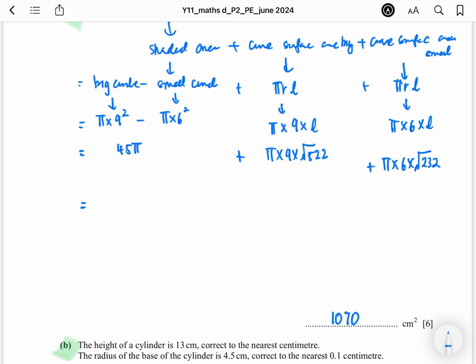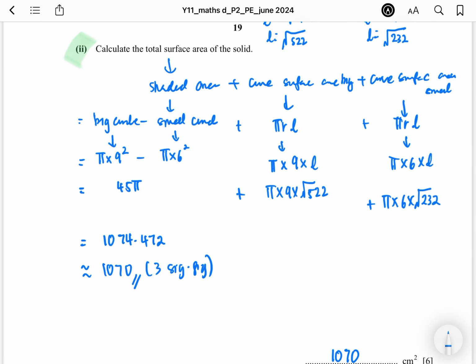Just use the pi symbol in your calculator. And you should get something like that, and that gives you 170 to 3 significant figures, because the answer is not exact.